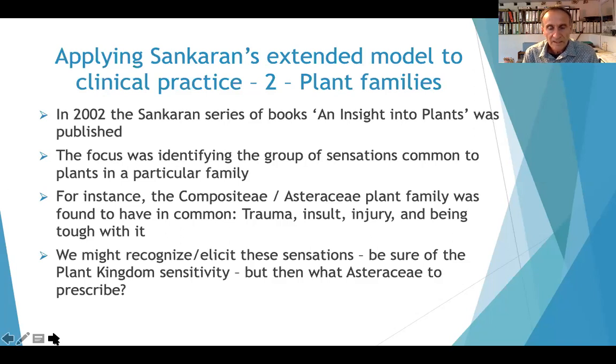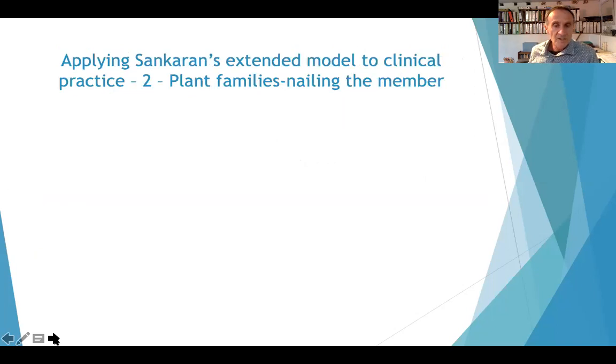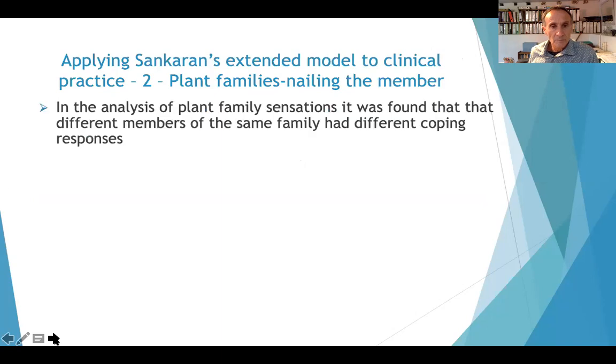So in a case, we might pick up all of these sensations and some symptoms relating to it: trauma, toughness, insult, injury. But is it arnica? Is it Bellis perennis? Is it chamomilla? Which one of those do we need to prescribe? Which specific Asteraceae? In this case, the miasmatic analysis of that plant family can help.